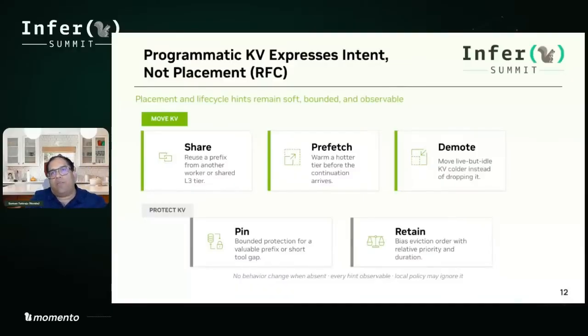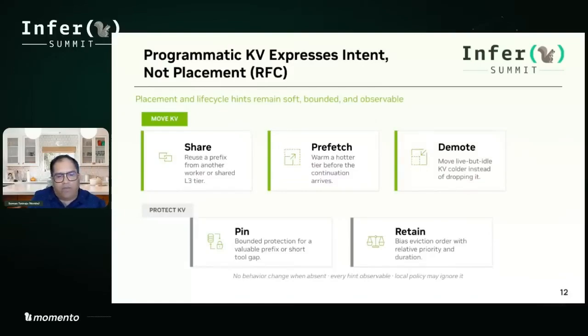We could have demoted it at the time when the subagent comes in. We can demote the parent agent's KV cache to a lower tier, and when the subagent joins back, we can prefetch it. So we're trying to see how we can keep our KV cache resident inside HBM, knowing that there is a structure.